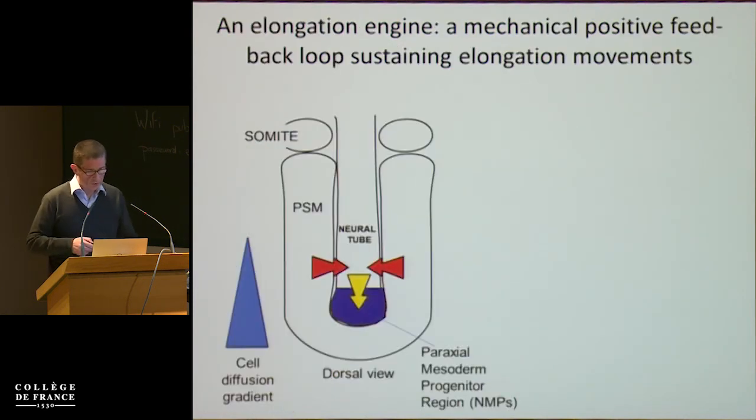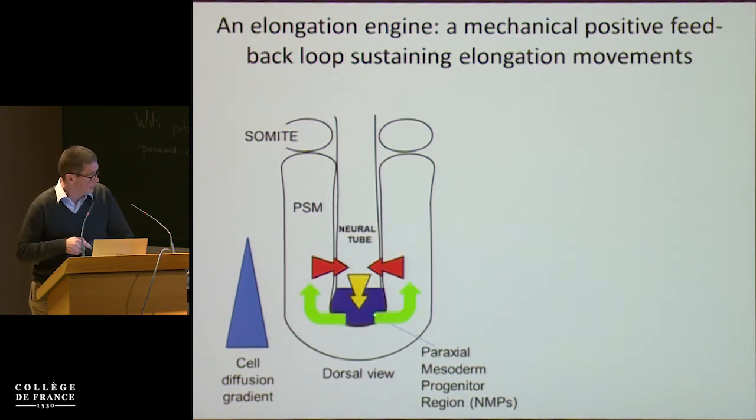And so the conclusion of these experiments is that the cell diffusion gradient that I discussed earlier is not only involved in generating a posterior push, but also this mediolateral compression that triggers the posterior displacement, the squeezing of the axial organs and the posterior displacement of this progenitor domain, which in turn is going to promote the exit of the cells, which are then in turn going to generate the posterior push.